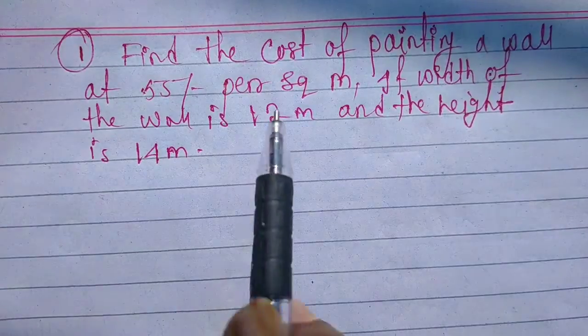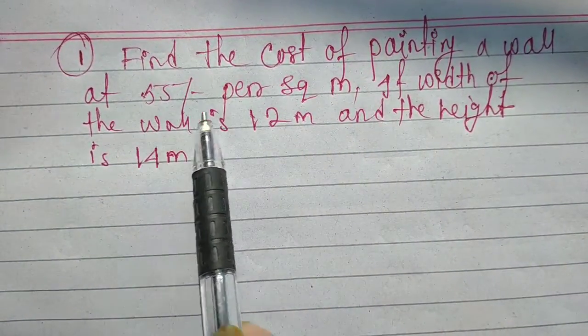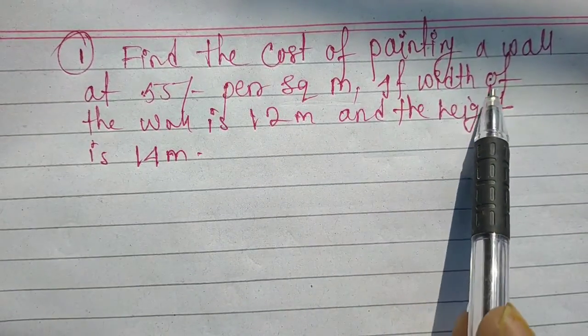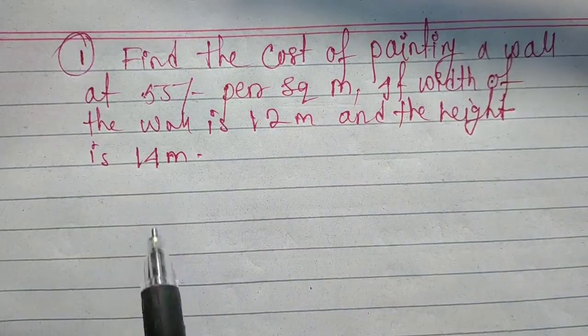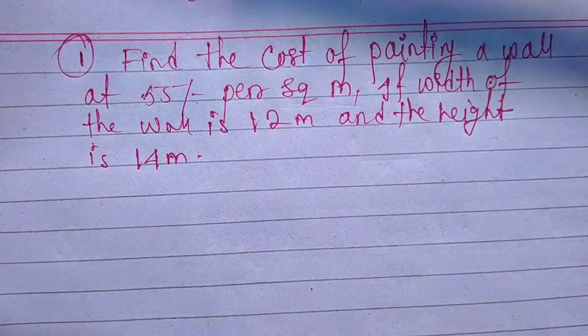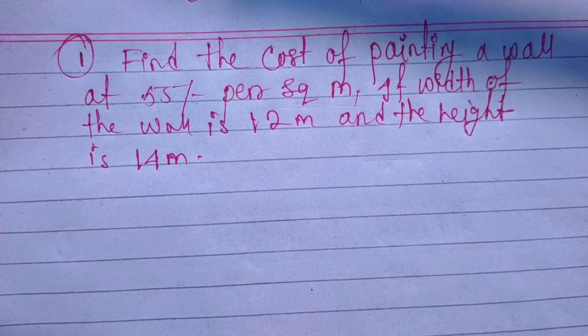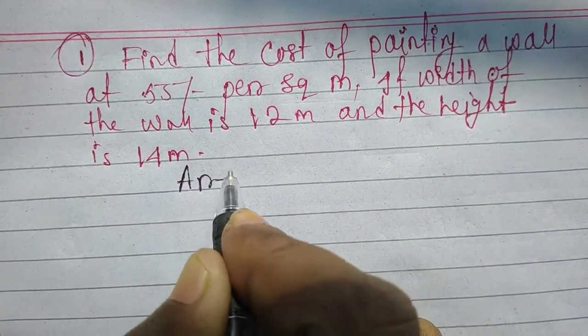Here is given, find the cost of painting a wall at 55 rupees per square meter if width of the wall is 12 meter and height is 14 meter. So here is given width is 12 meter and height is 14 meter. So at first we have to find the area.